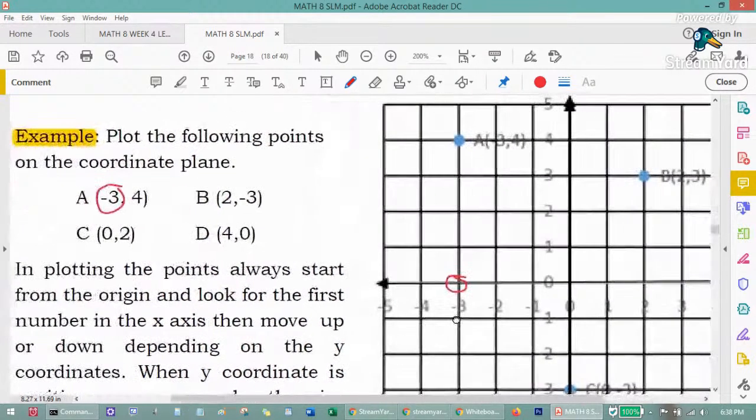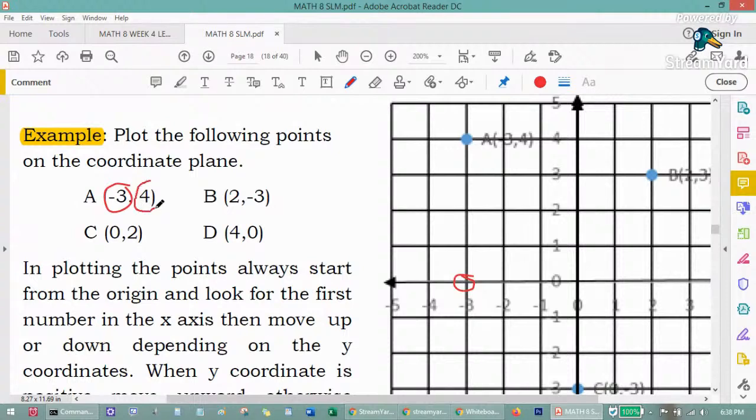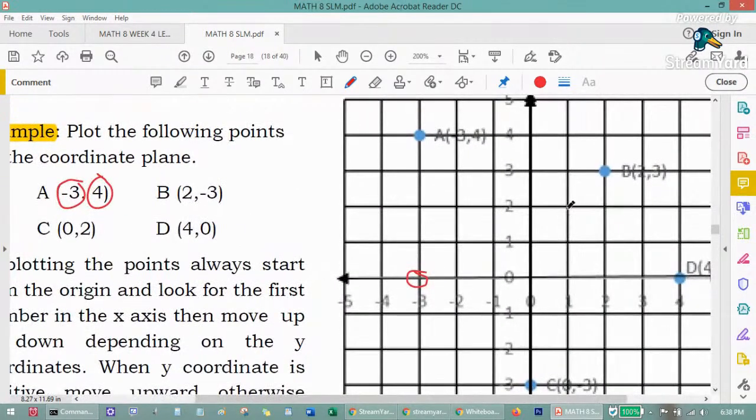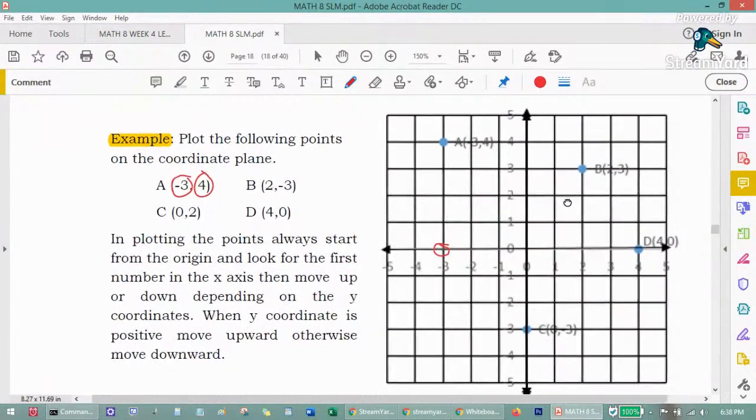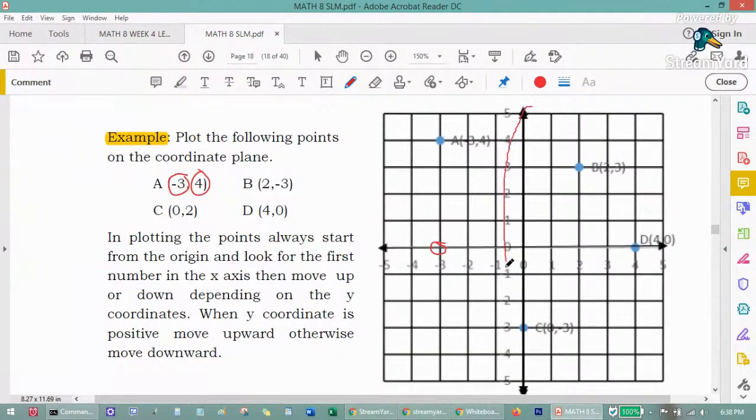Okay? And then, ang y natin is positive 4. Ito ang ating y-axis. Ang mga positive number ay nasa taas. Nahanap natin ang positive 4. Positive 4 is this one.